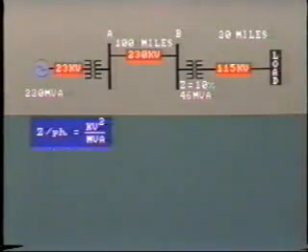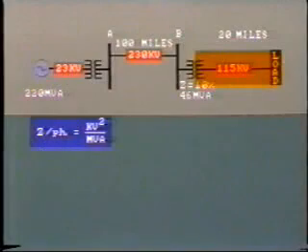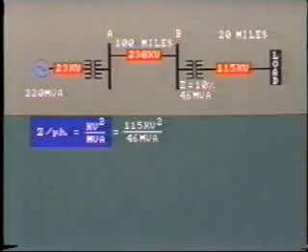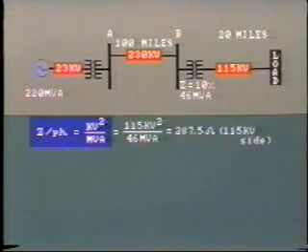Using this expression, we can calculate the impedance of the load, including line impedance, being fed by the 46 MVA transformer. The ohmic impedance of the circuit under rated load equals 115 kV squared divided by 46 MVA equals 287.5 ohms.